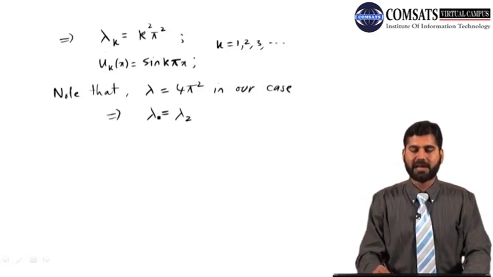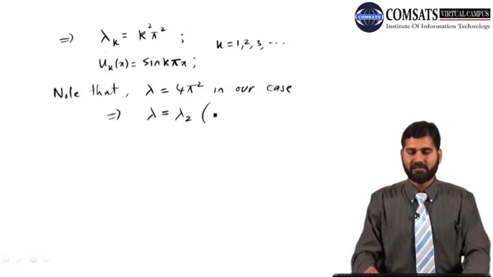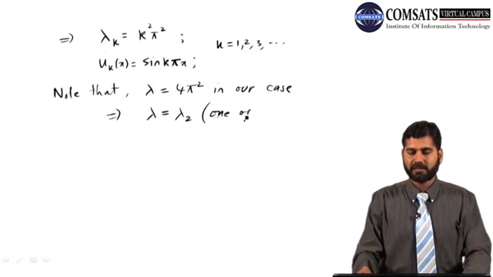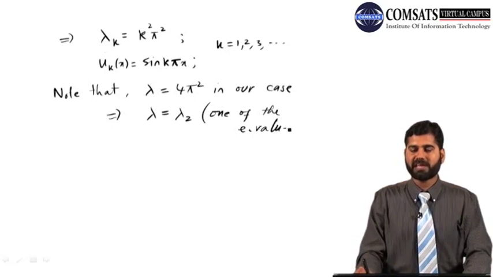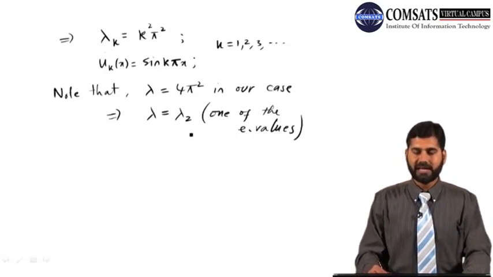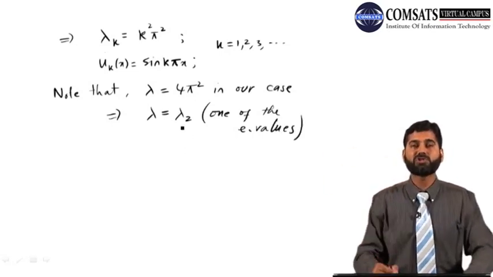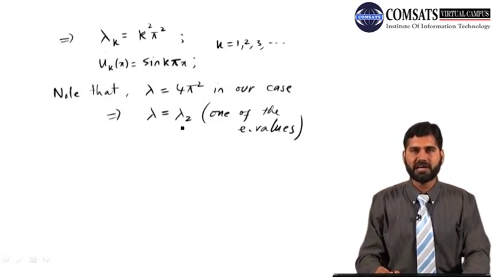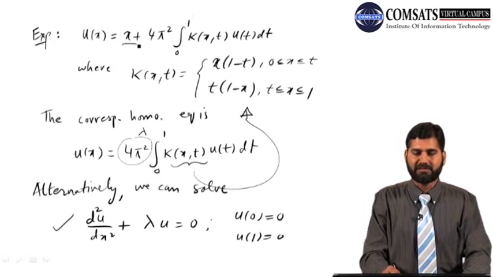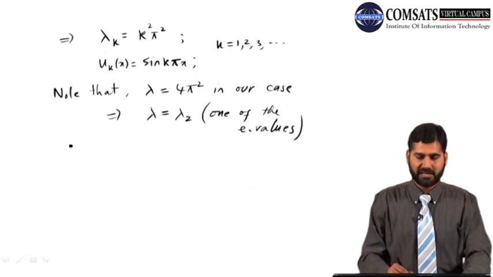This implies that our lambda is one of our eigenvalues. So what happens when lambda comes out to be one of the eigenvalues? Then we need to use proposition 2 of the Fredholm alternative. We have to check whether this f(x) is orthogonal to the eigenfunctions or not.